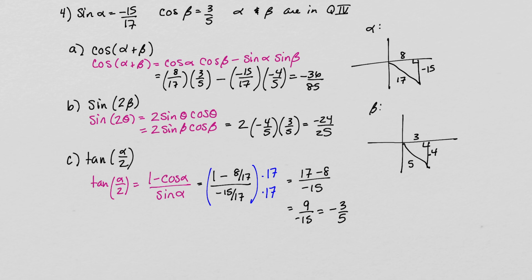Questions I missed. Will there be a problem on the test where we have to write which identities were used to solve a problem? No, there won't be any like that.